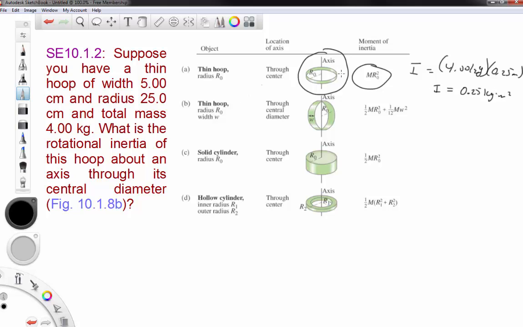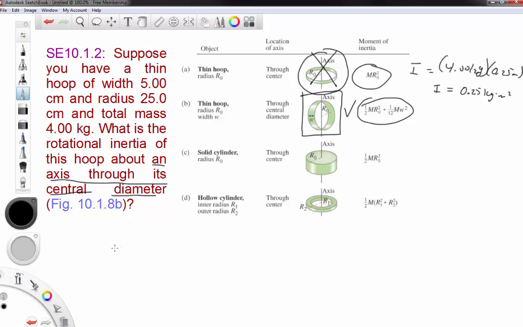The thing is that this is not the hoop that we're actually looking for. And the hint is that we're talking about an axis through the central diameter. So that means that we actually want to do this hoop right here. So that was wrong, and this is the equation that we're going to be using.